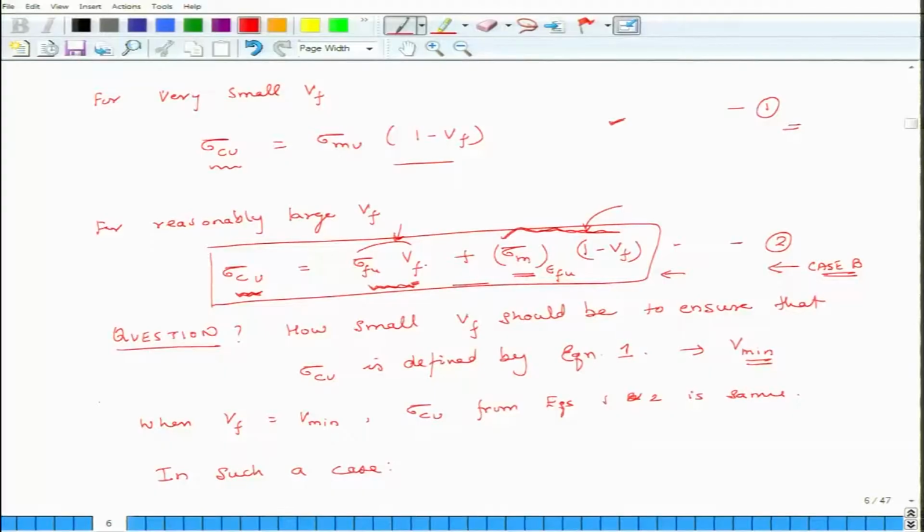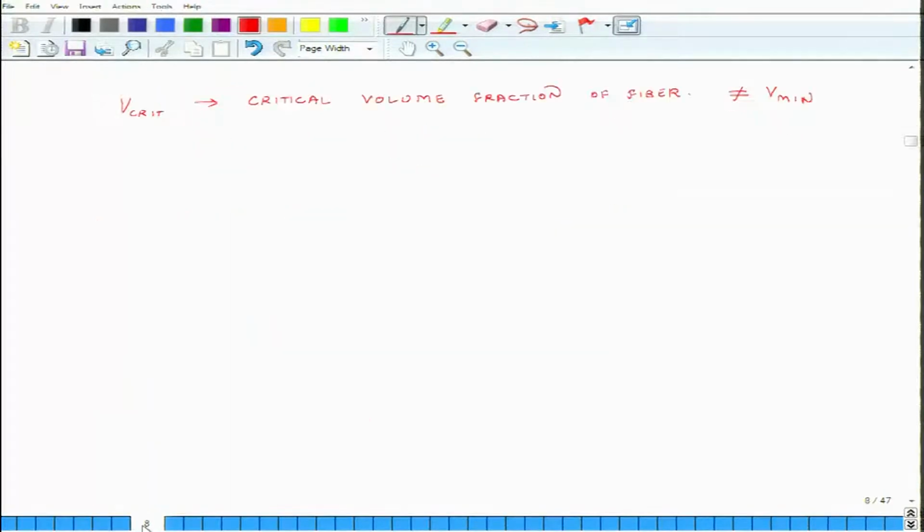But if Vf is very small, the contribution because of sigma Fu is going to be very small. So, the chances are that the composite strength will be less than that of the matrix itself. There is the concept of V crit, okay.